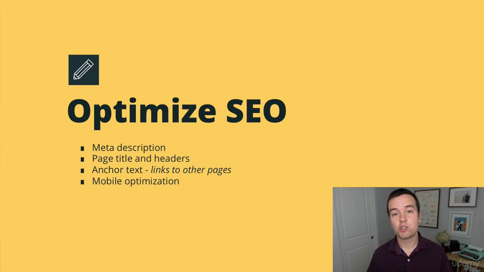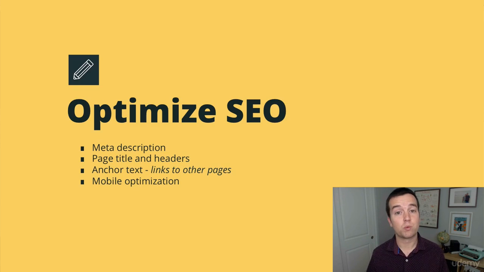The second tip is to make sure you use your titles and headers properly. Include the keywords for your articles in both your title and headers. Within your article, you should be adding anchor text or links to other articles on your website. This will encourage people to stay on your website, to go from the post they're reading to another post or to another page.